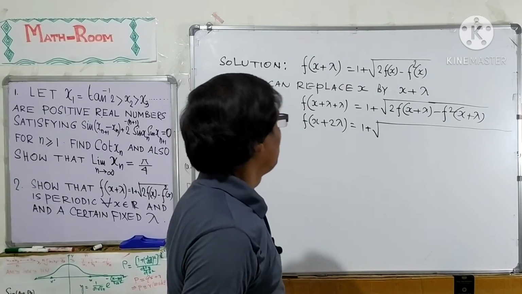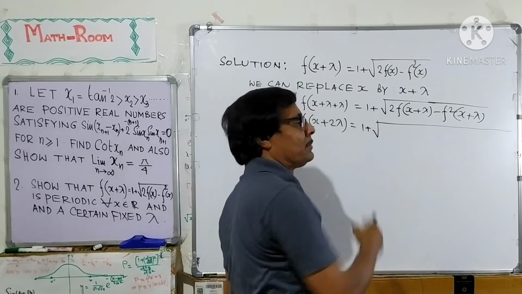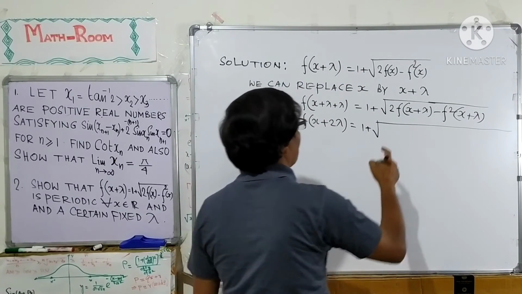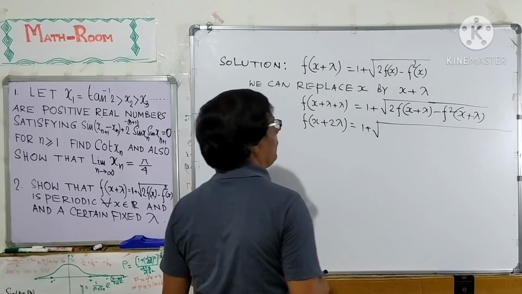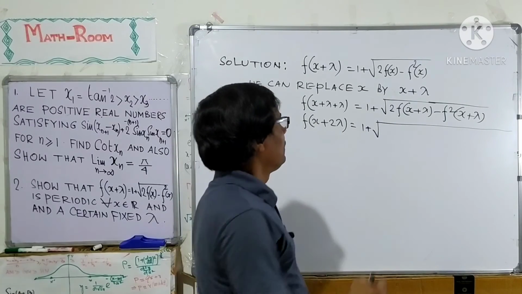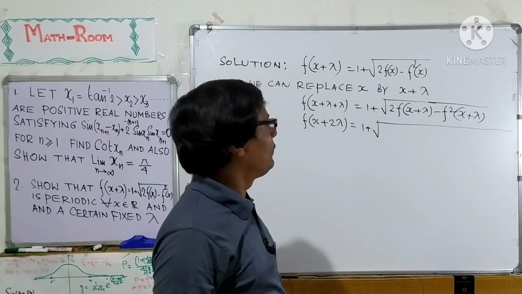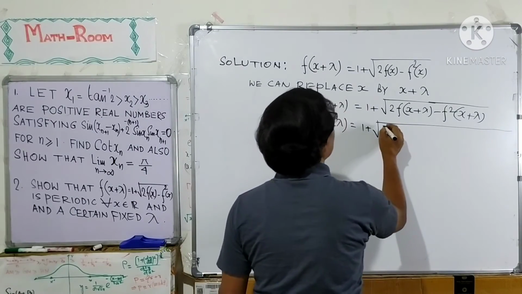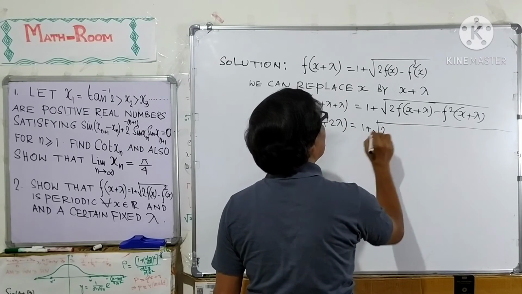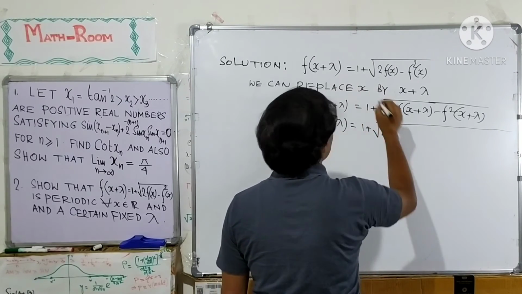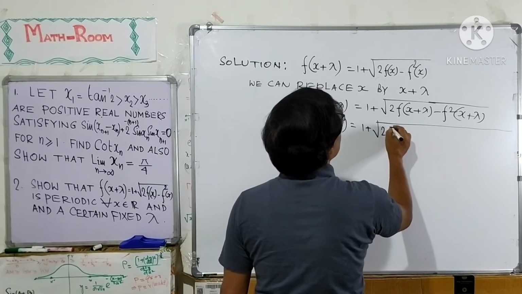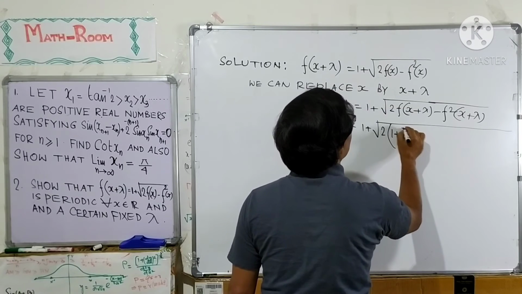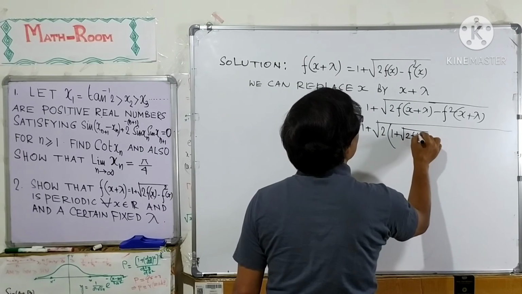We can put the value of f of x plus lambda from this relation. After putting the value of f of x plus lambda, we get f of x plus 2 lambda equals 1 plus square root of 2 times this value, minus the whole square.